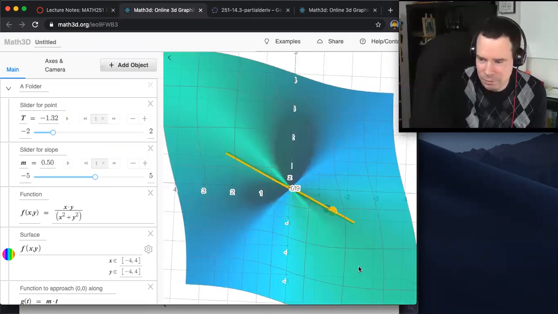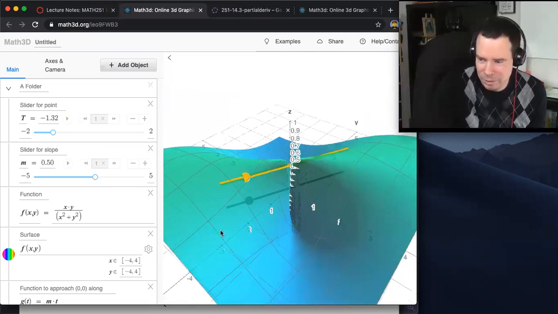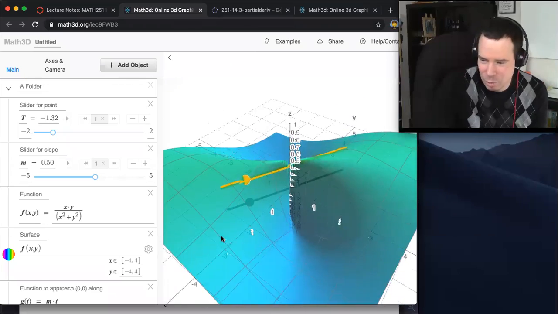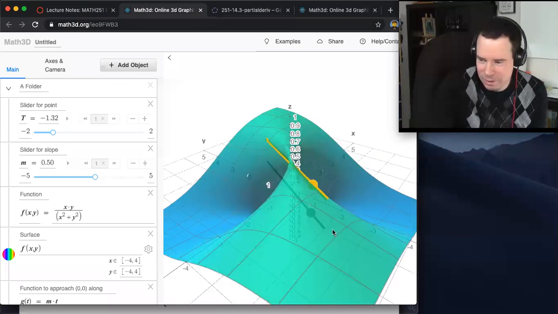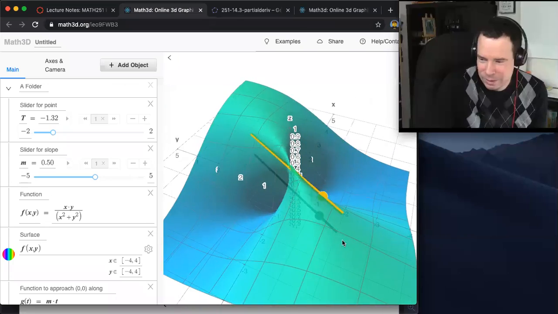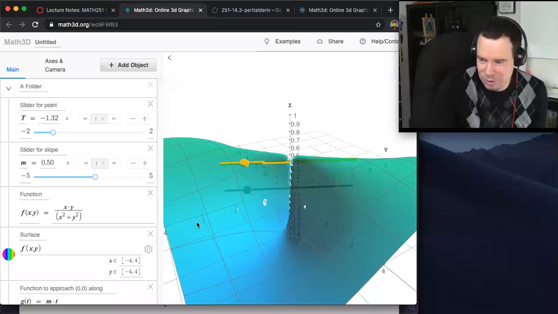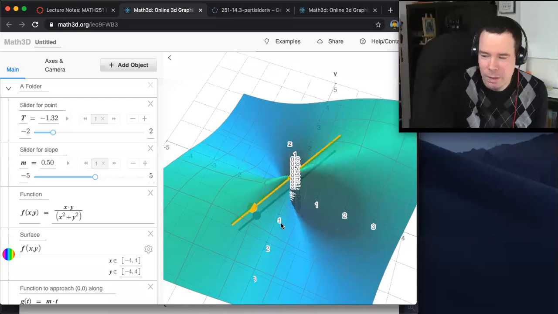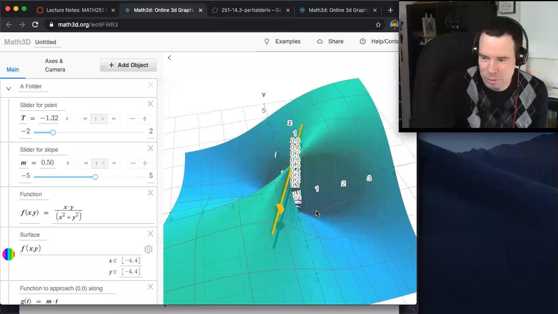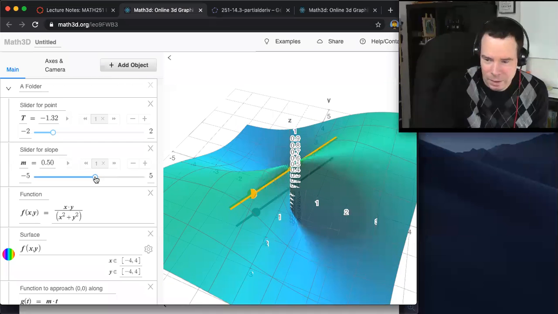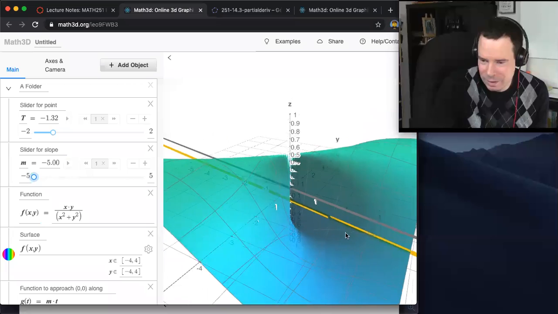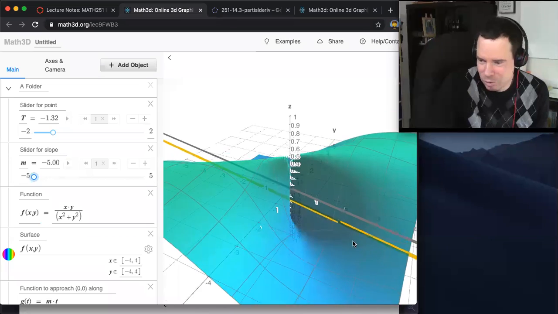It's got this kind of crinkle in it. Don't even worry about that yellow line and dot for a moment. If you look at this thing with a crinkle in it, you might say, oh, that doesn't look to be continuous. That's got some weird stuff happening there. And that's really what we're trying to exploit here. Let me go along the y-axis.